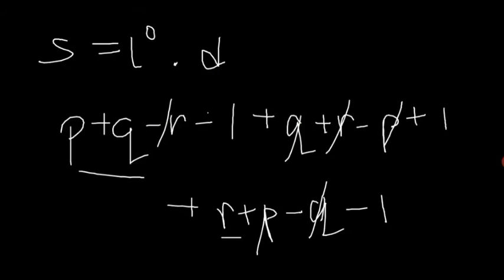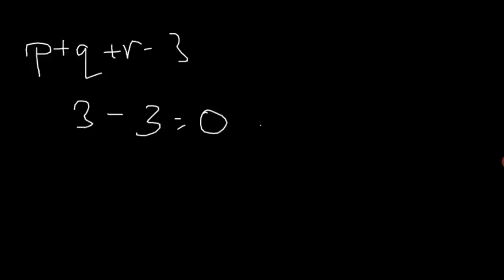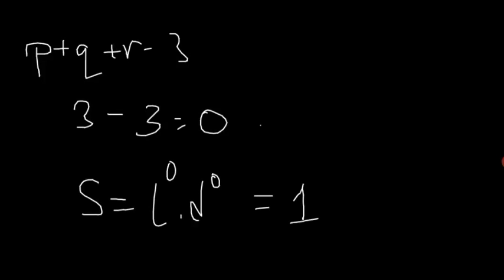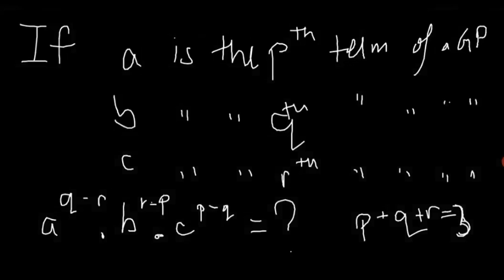So this thing will become p plus q plus r minus 3, so 3 minus 3 is 0. So it becomes L to the power 0, d to the power 0, that will be nothing but 1. I'm extremely sorry for that fiasco. This is the complete question.